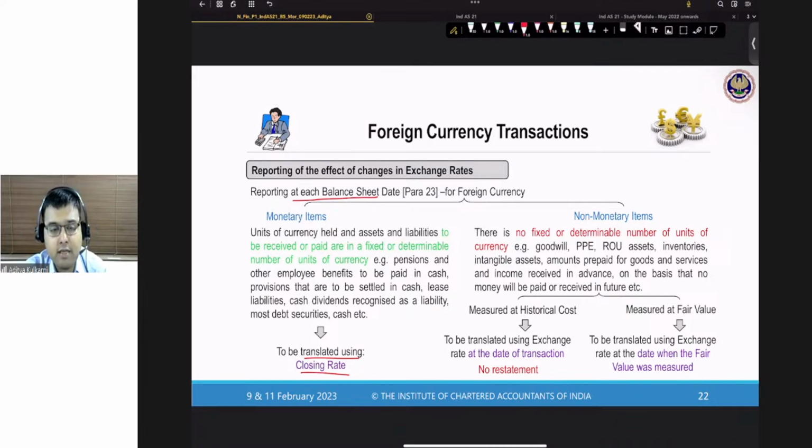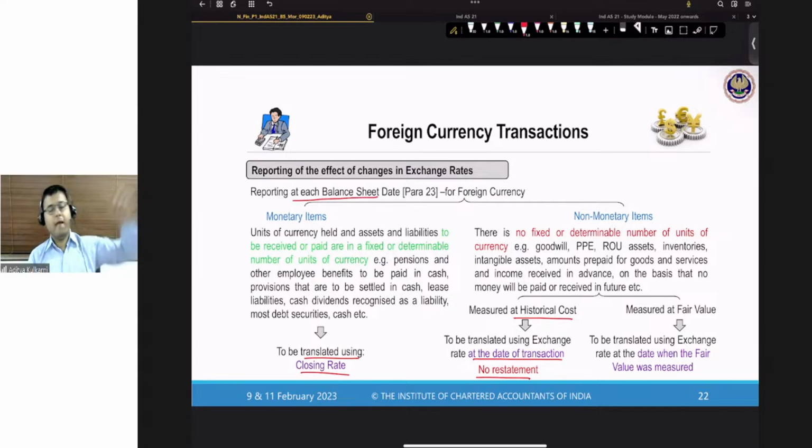If you look at non-monetary items, fixed assets, inventory, ROU assets, etc., you will have to measure these at historical cost. If you are following the cost model, then translate as at the date of the transaction. That is, no restatement will be done.